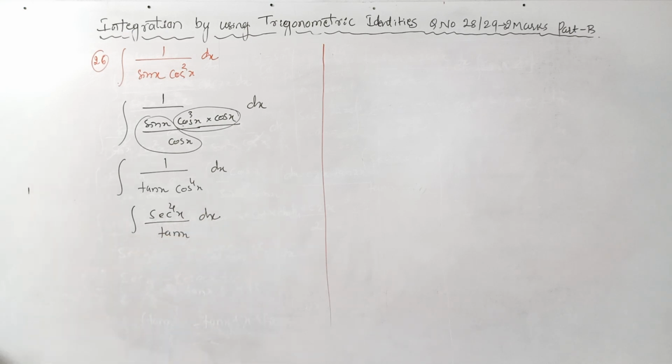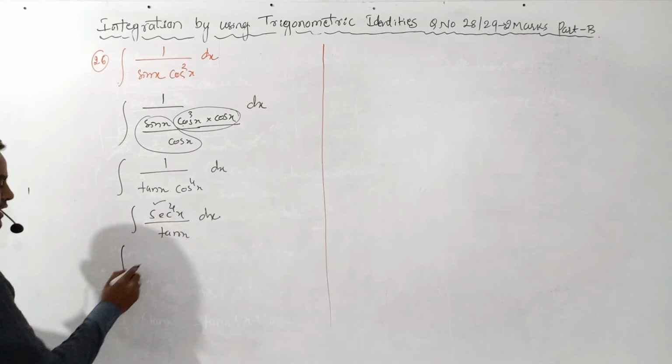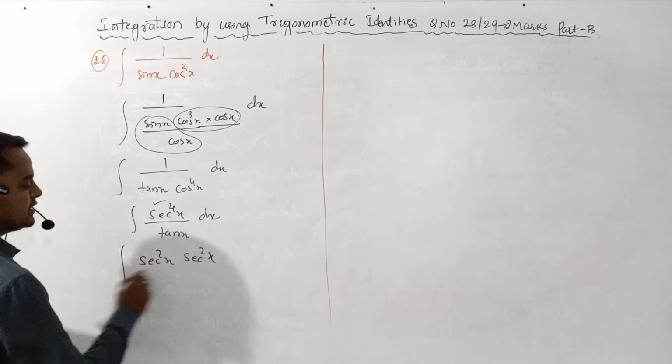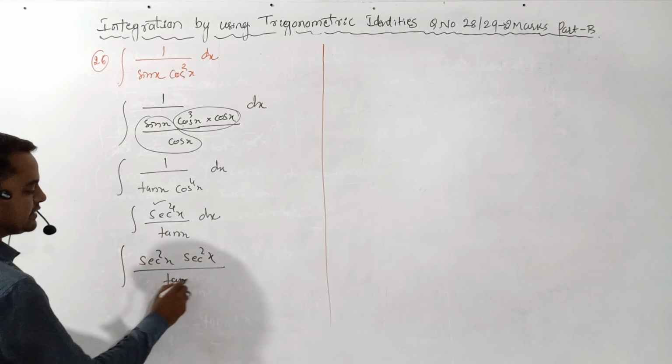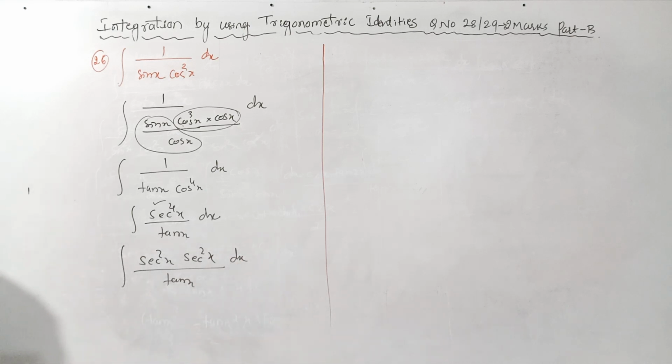Now tell me how to solve this further. What substitution do we have to take here? Sec raised to 4 x can be written as sec square x into sec square x divided by tan x. Now sec square x can be written as 1 plus tan square x.